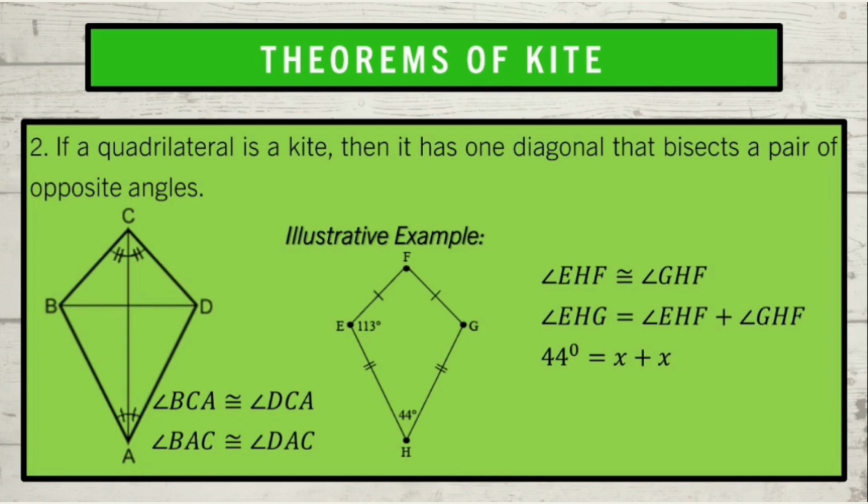Then, perform the operation, we will get 44 degrees is equal to 2x. To find the value of x, we will divide both sides by 2. The result then is that angle EHF and angle GHF is equal to 22 degrees. Did you get the same answer? Very good. Let us move on to the third theorem of a kite.